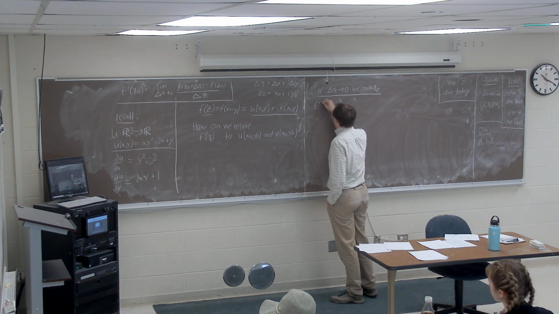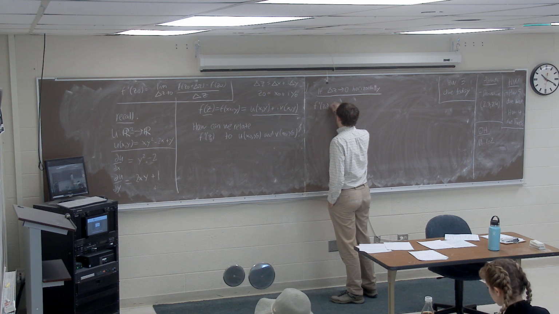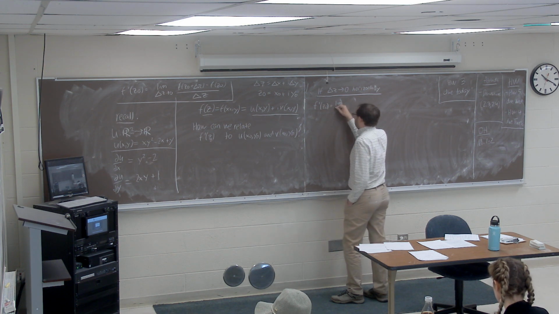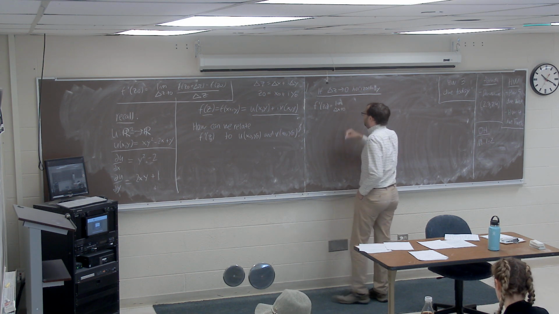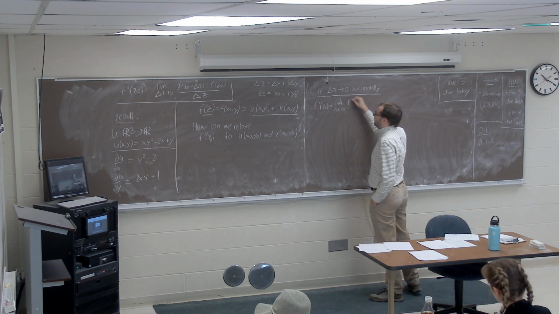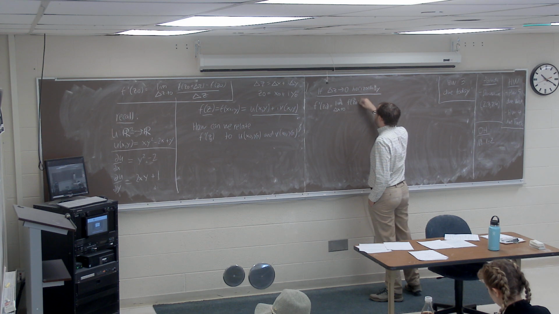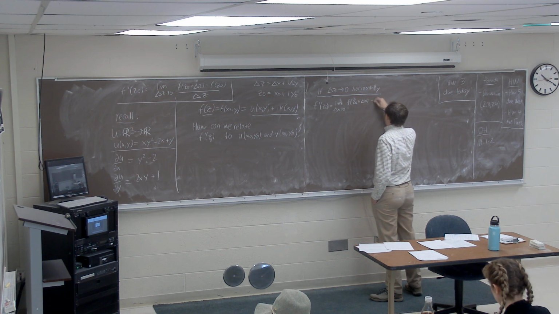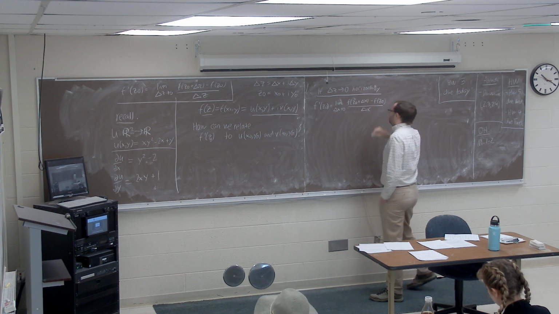So if we write that out, we can write f prime of z naught as the limit as just delta x goes to 0 of f of z naught plus delta x minus f of z naught, all over delta x.